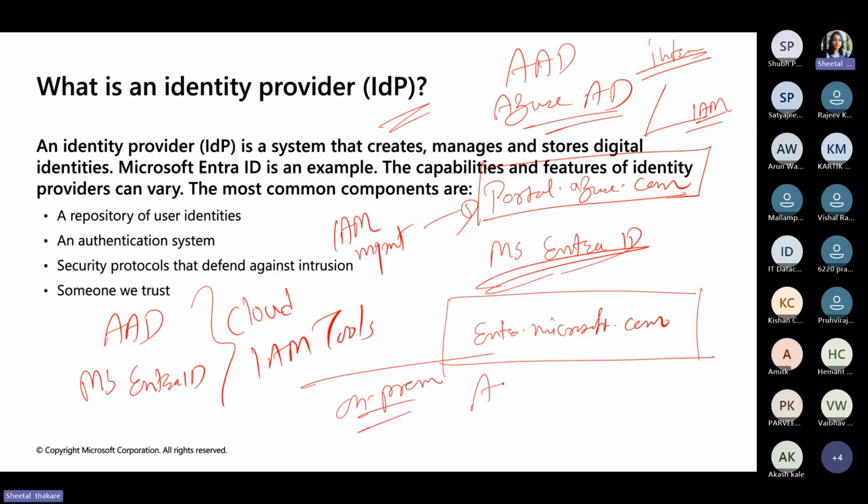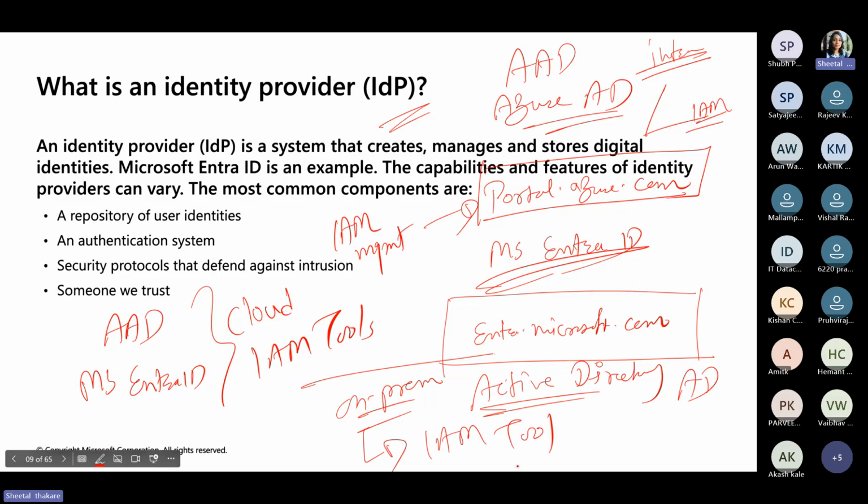So there is Active Directory, AD, which is the IAM tool for on-prem identities. Can there be a scenario that this organization is partly shifting to the cloud?